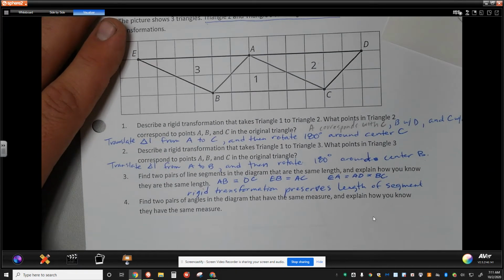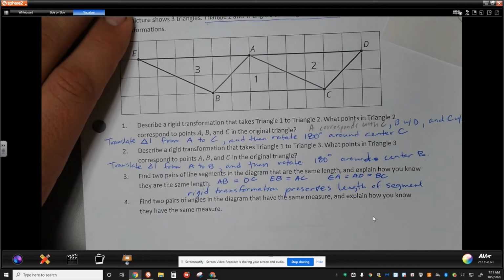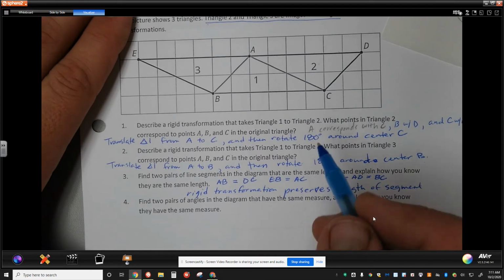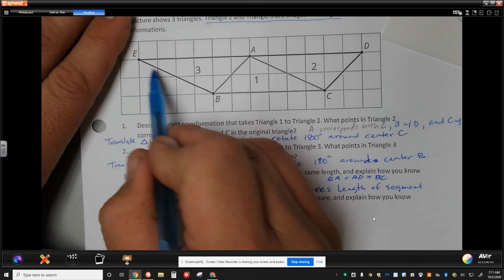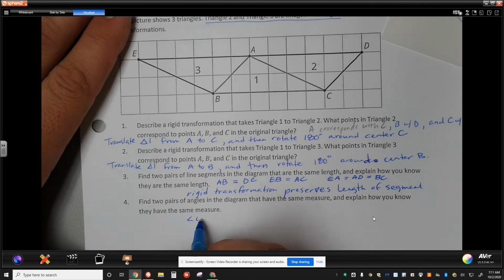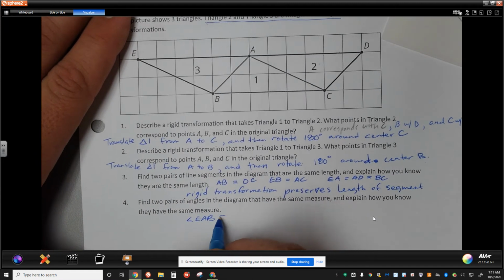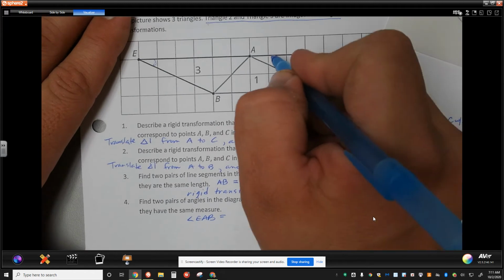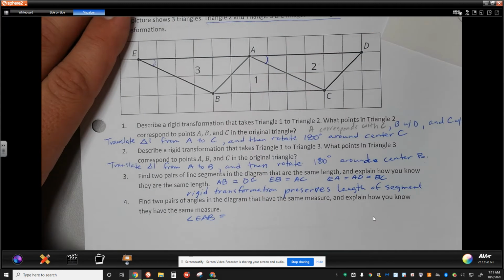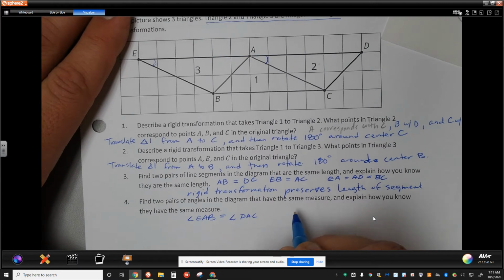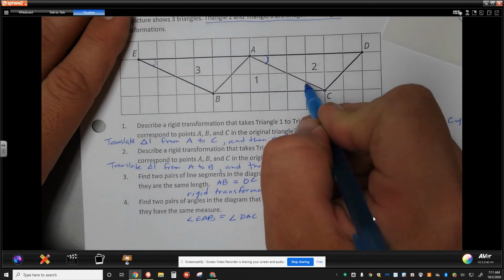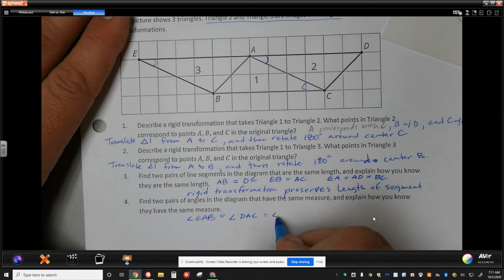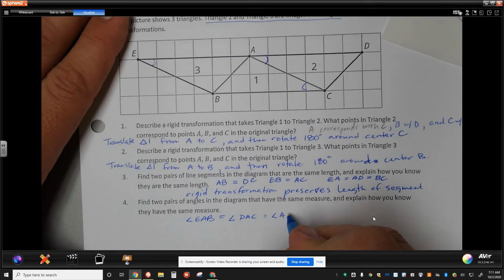So let's find two pairs of angles in the diagram that have the same measure. Well, here we go. Let's go with this. Angle EAB is equal to, this is a longer angle right here, must also be equal to this angle here in this triangle, angle DAC, which must also be equal to angle ACB.